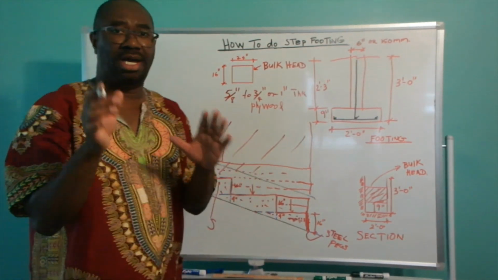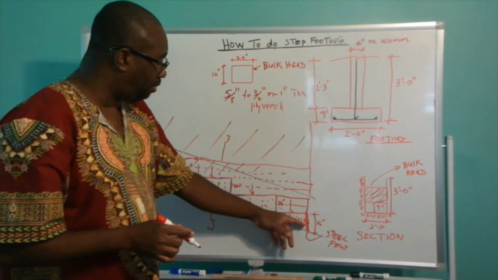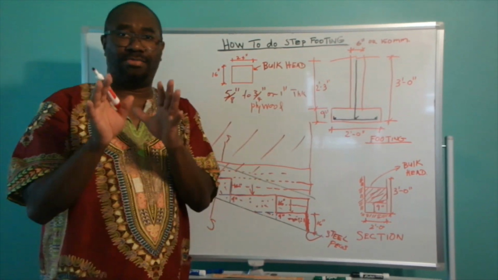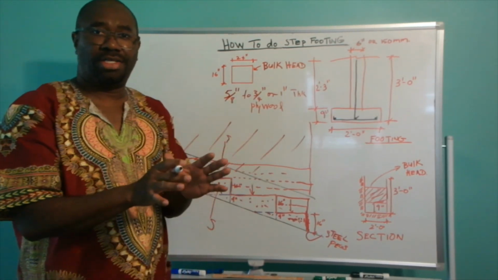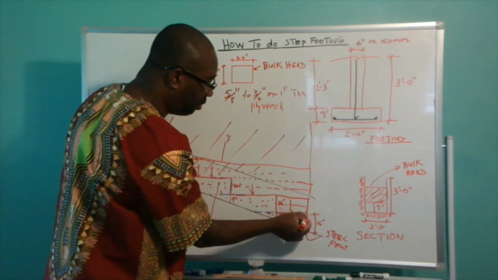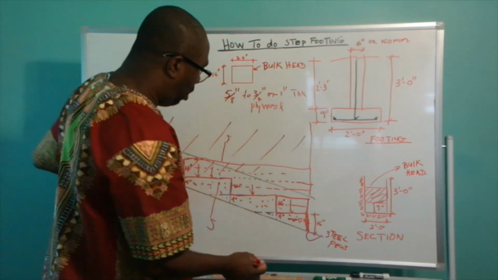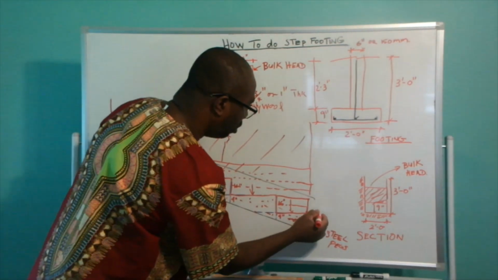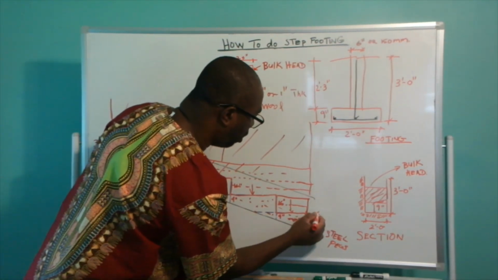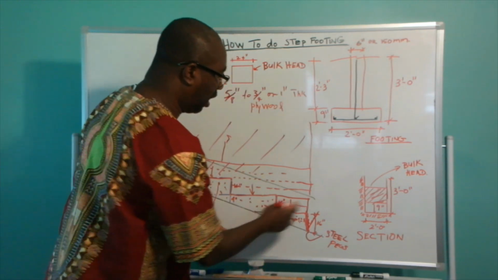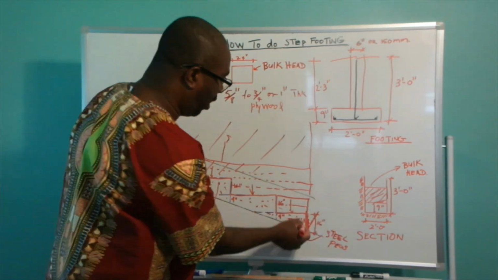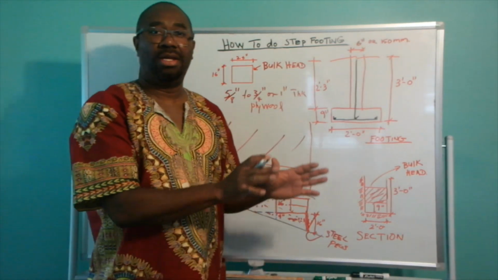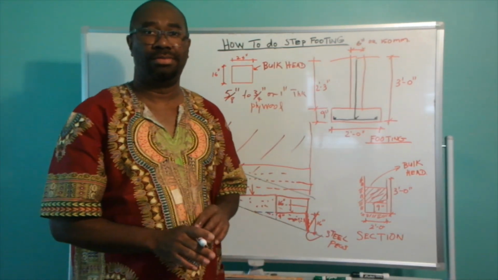Because what is going to happen as you start to pour the concrete going up the hill, the hydrostatic pressure in the concrete is going to be maximum here. And you don't want the weight of the concrete to push over the bulkhead here and cause the bulkhead to topple over. So you reinforce it with the steel pegs so that that does not occur.